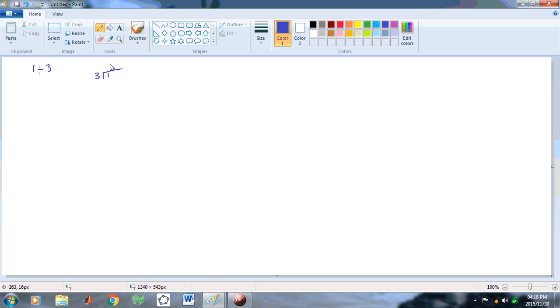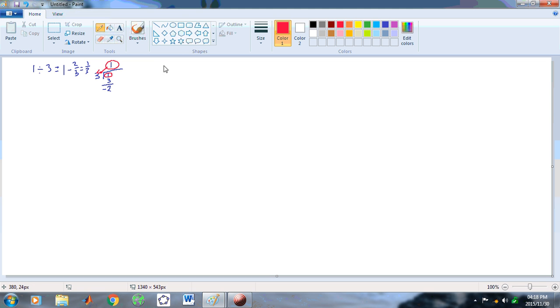So let's put 1 in this case here, just for the heck of it. Yes? So we could stop here, in which case we could say 1 divided by 3 is equal to 1 minus 2/3, which is 1/3, right? So it doesn't really matter what you put up here. It doesn't matter, as long as you multiply it by that value and subtract it from the dividend. And you will always get to the right answer, no matter what.